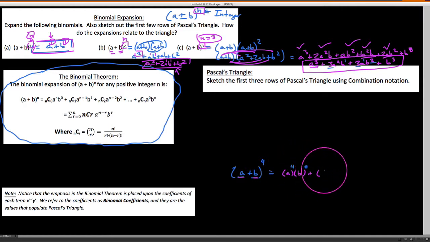And we say plus. Now we get this thing here. We still say that this is a and b, but now it's a to the third power, b to the first power, plus first thing, second thing, but now we have 2 and 2, plus first thing, second thing, but now we have 1 and 3, and then we say now plus first thing, second thing, and we have 0 and 4.